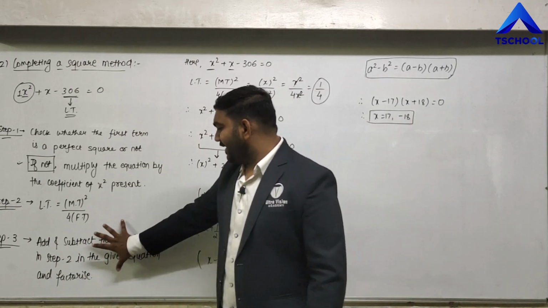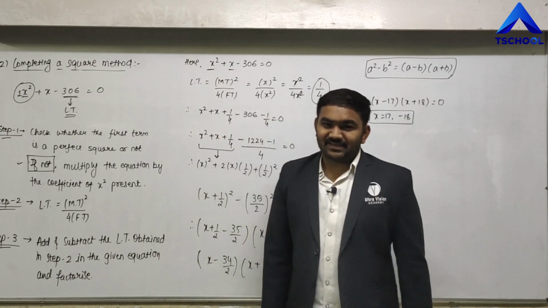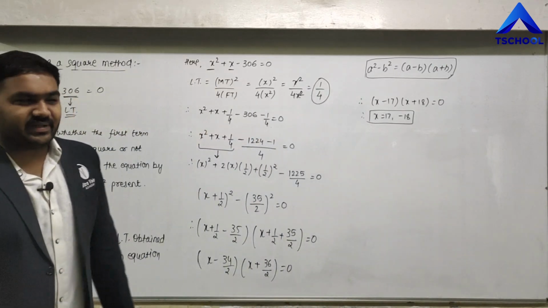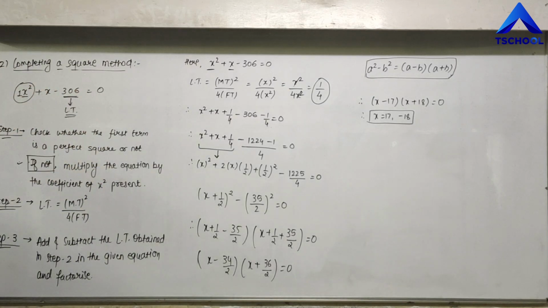So we are going to add and subtract this last term obtained in step number 2, and you can check out the example that is shown here, right? So that is how we are going to solve it, by the completing the square method. Is it clear, friends? Okay.